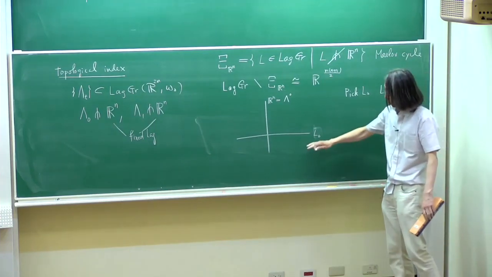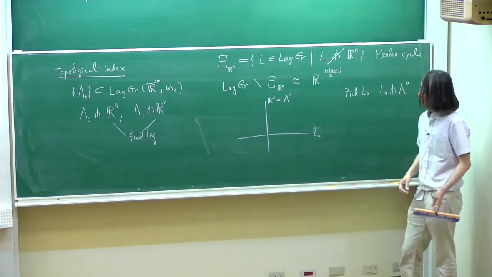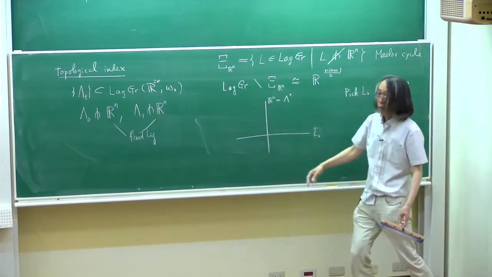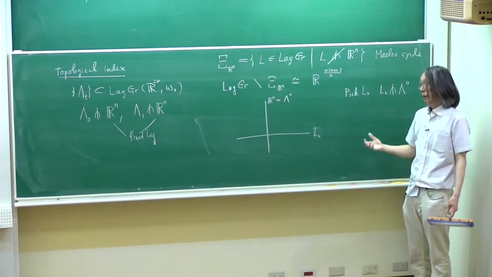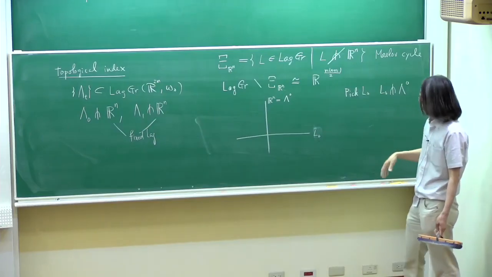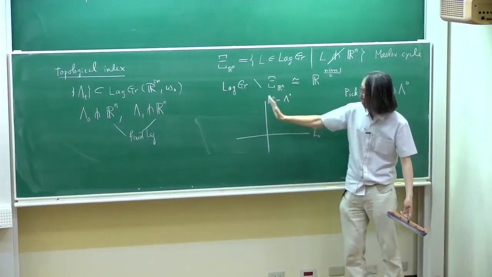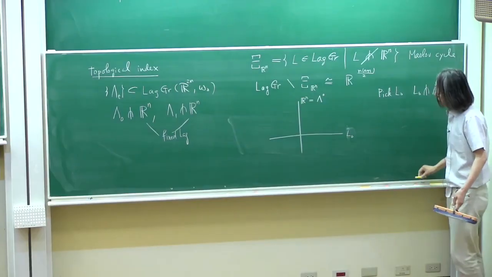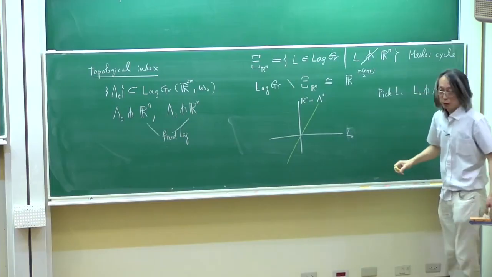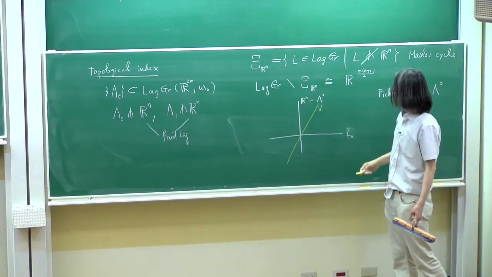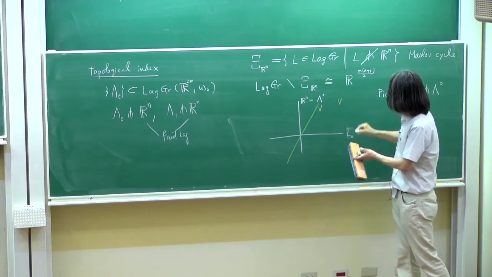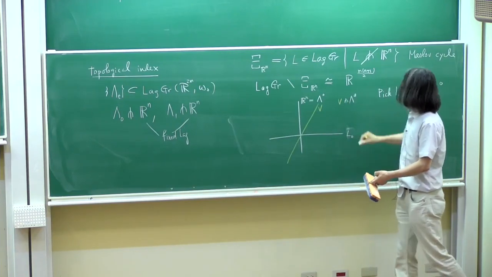And if you pick such a thing, then the Lagrangian which is transversal to this lambda 0 can be considered as a graph of some mapping from L0 to lambda 0, right? So maybe V is just a half-dimensional subspace, so that V is transversal to lambda 0.